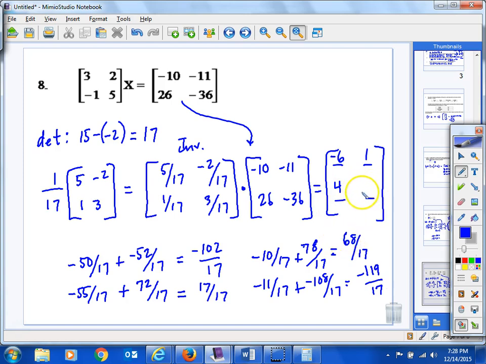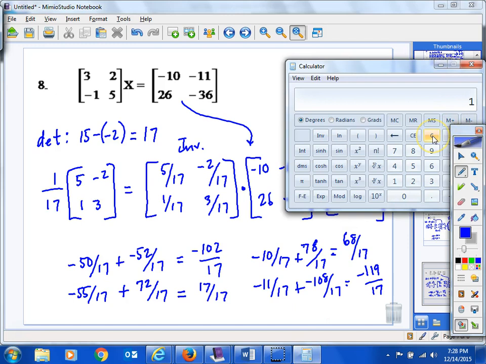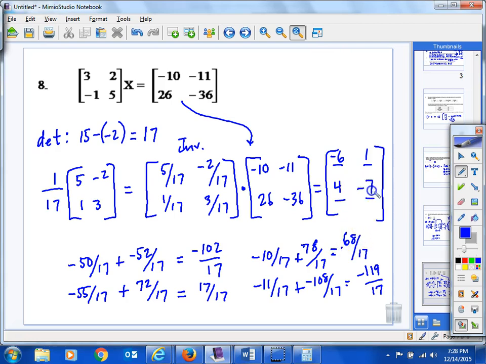And that should be -7. Okay. And we have our answer. This is the matrix. If we plugged it in right here and multiplied these two matrices together, the result should be the matrix on the right.